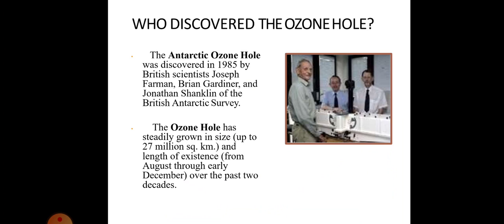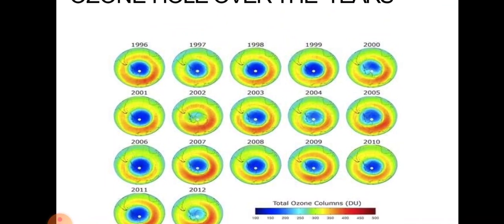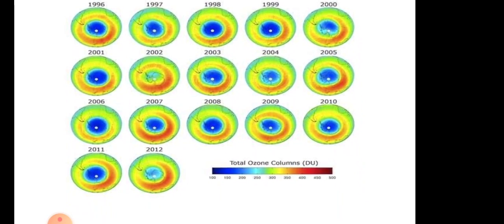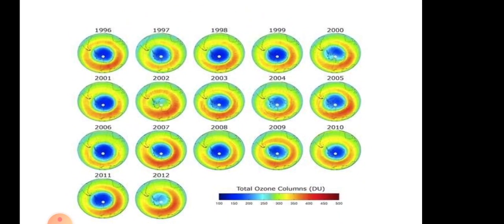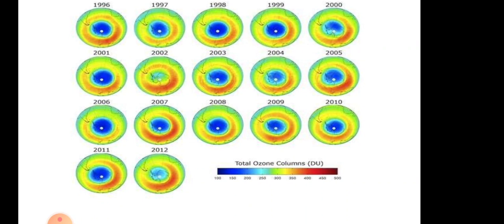It is now seen that the ozone hole has steadily grown in size, up to 27 million square kilometers, and in length of existence from August through early December over the past 2 decades. This picture shows the development of the ozone hole over the years, from 1996 to 2012.